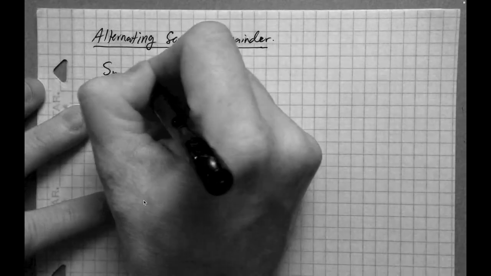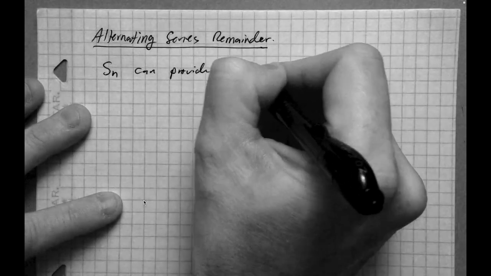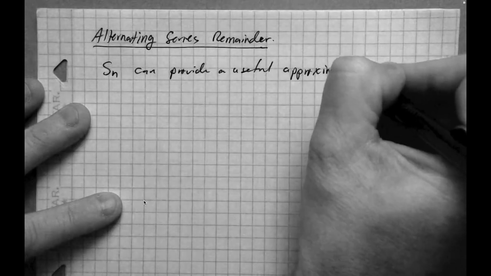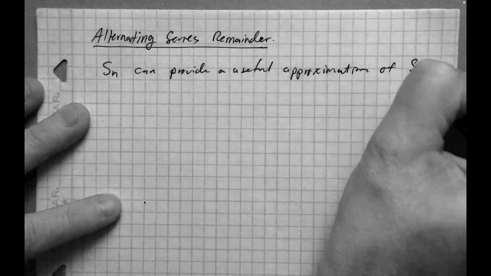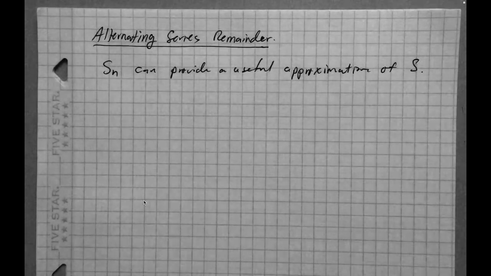So S of n can provide a useful approximation of S, right? S being the sum of the infinite series, S of n being the sum of the first n terms of the series.